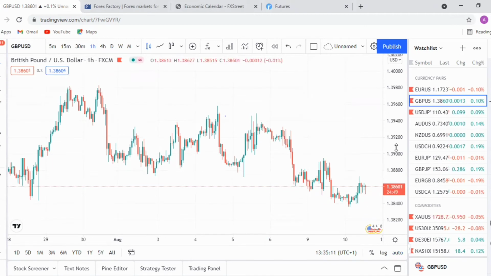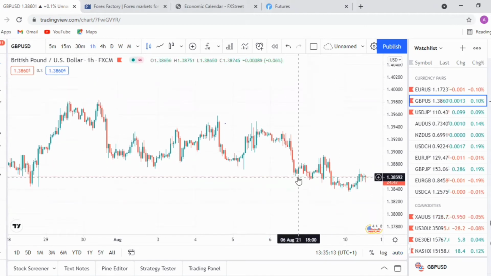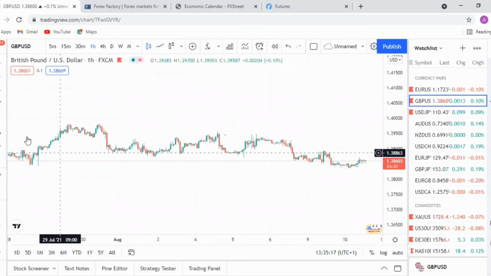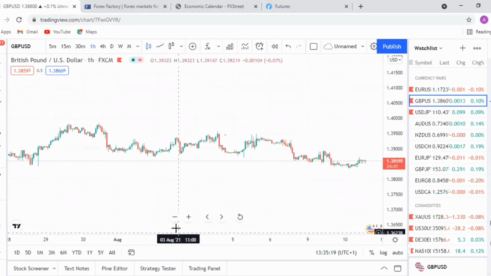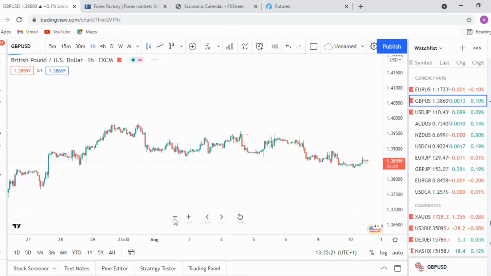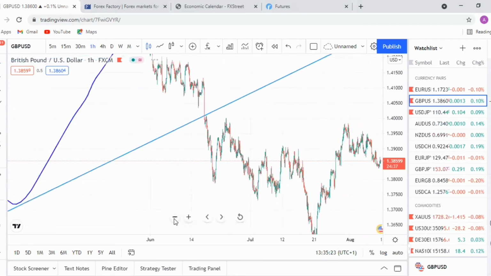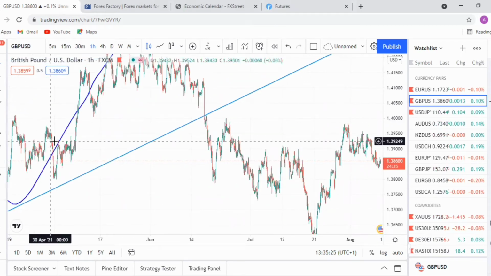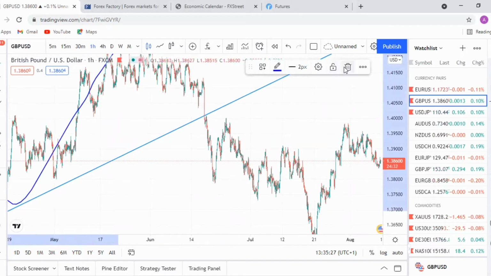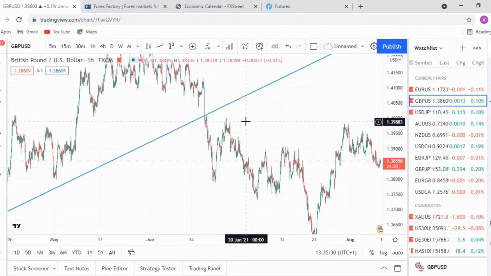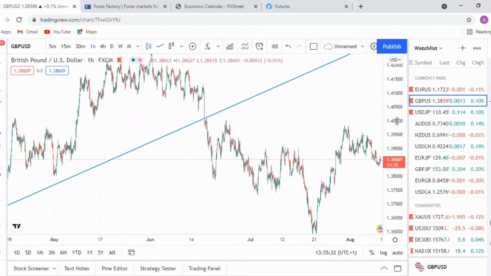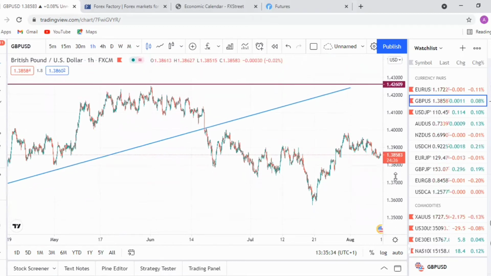So what's the market doing on this time frame?